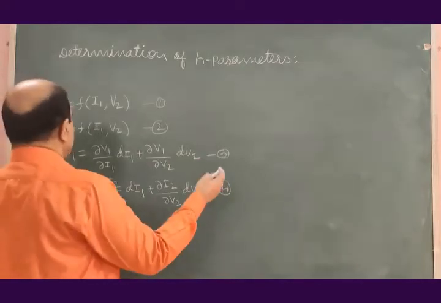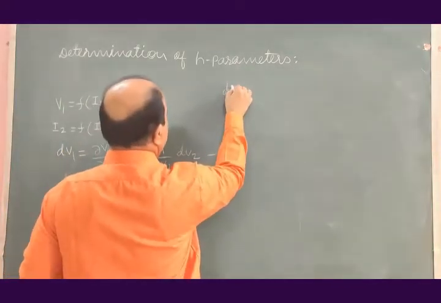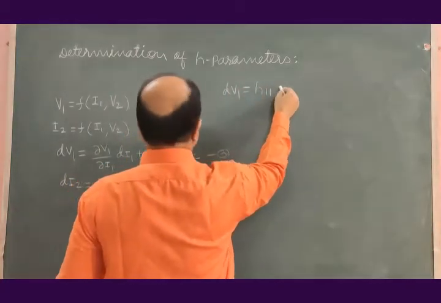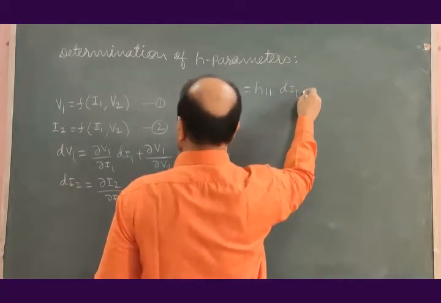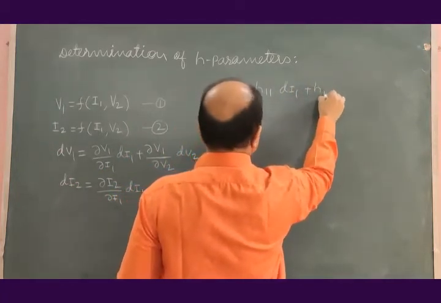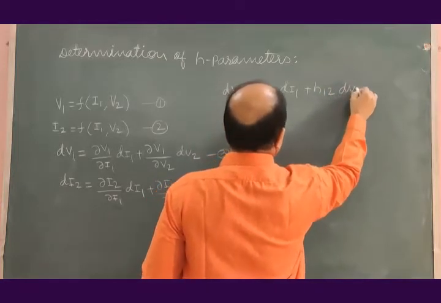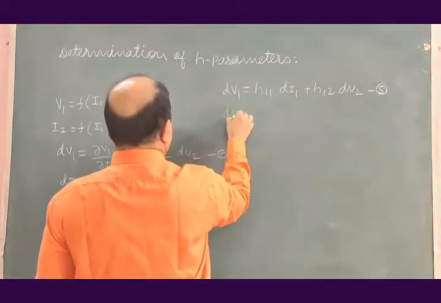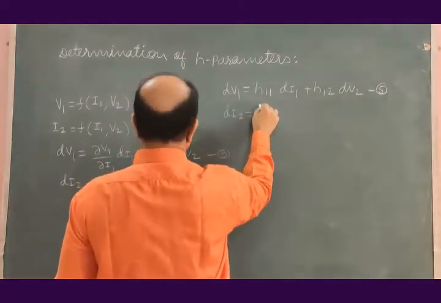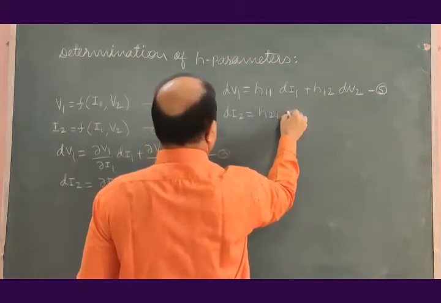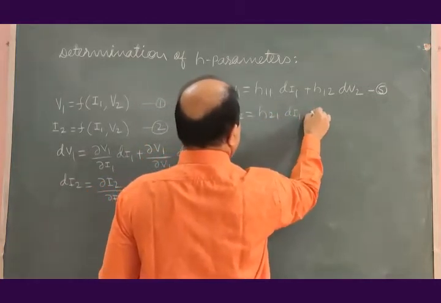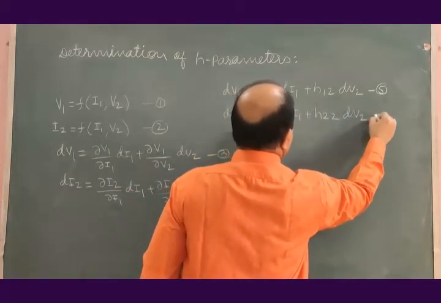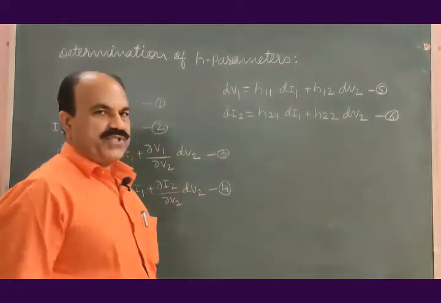And so, I may write dV1 is equal to H11 dI1 plus H12 dV2, equation number 5. dI2 is equal to H21 dI1 plus H22 dV2, equation number 6.